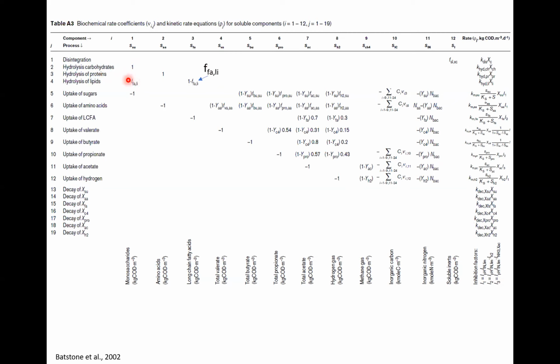And also hydrolysis of lipid: part of the lipids will be hydrolyzed into long chain fatty acids, which is this part, f_fa,li, and part will be hydrolyzed into glycerol or glyceride.